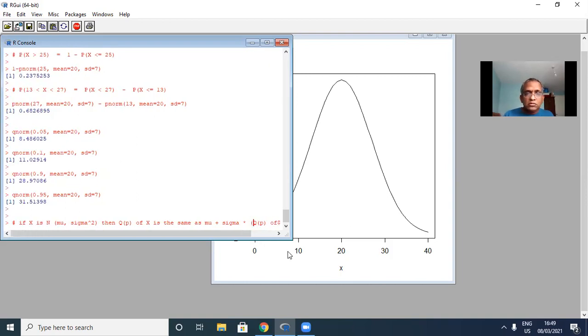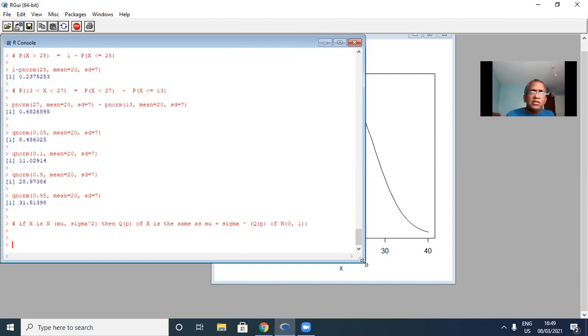Let me pull this window. You can see the whole thing. Did I make this clear now? Right. What I've written here is that if you have a normal variable with mean equal to mu and variance sigma squared, then the Q of P, the quantile function of x, is equal to mu plus sigma times the Q of P of the standard normal random variable.